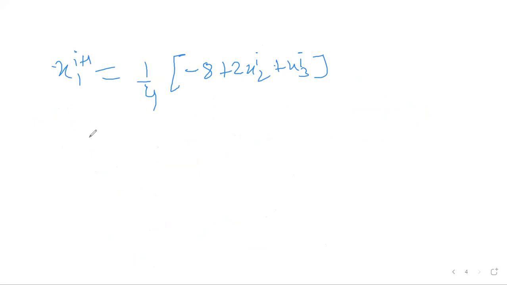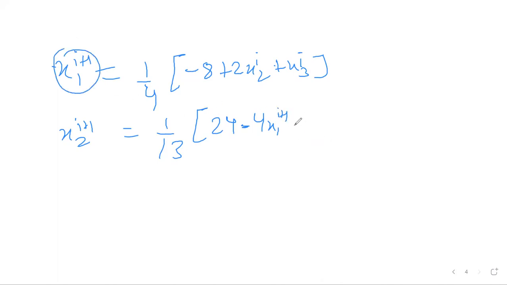Then you will write x2 of i plus 1 is equal to 1 by 9 times 11 minus 3 times x1 of I plus 1, plus 2 of x3 of I.